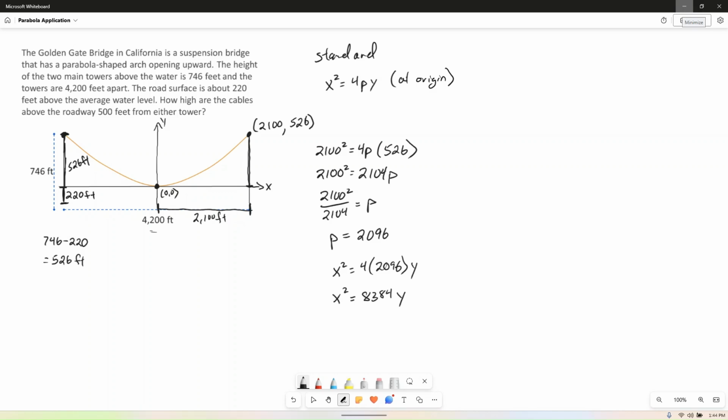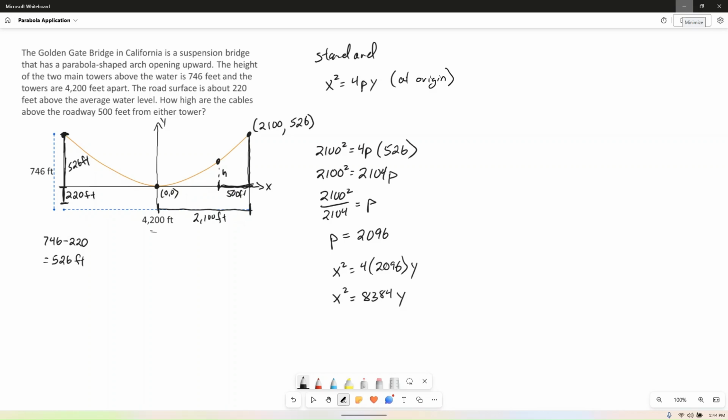We have our nice equation, but what are we trying to solve? We want to figure out how high the cables are above the roadway 500 feet from either tower. So if we look at the right tower, and I move in 500 feet, moving to the left, I want to know what is the height at that point.